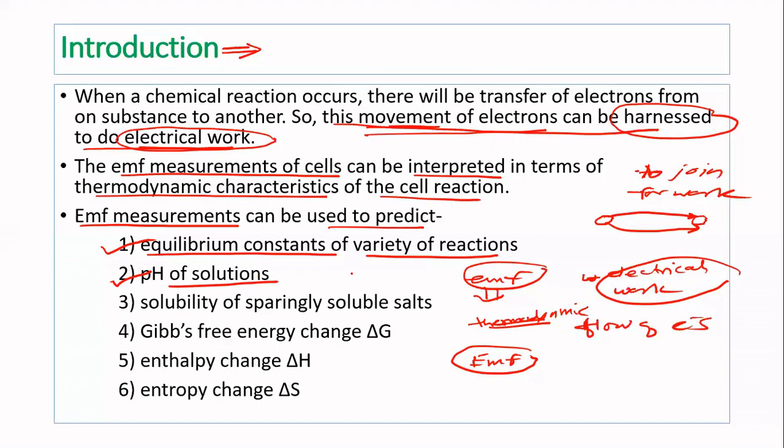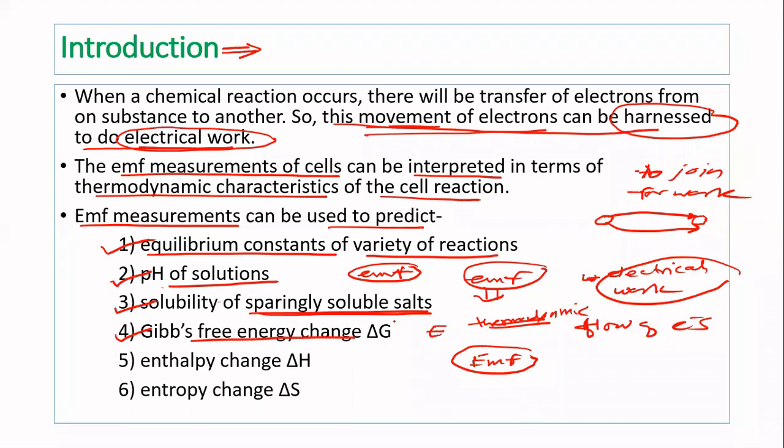Suppose a solution is given to you and you are asked to determine its pH, then you have to measure its EMF, and by using the formula, you can easily calculate the pH of the solution. The third is the solubility of sparingly soluble salts. There are different sparingly soluble salts available, and by measuring the EMF, we can calculate the solubility of such salts. The fourth one is free energy change.